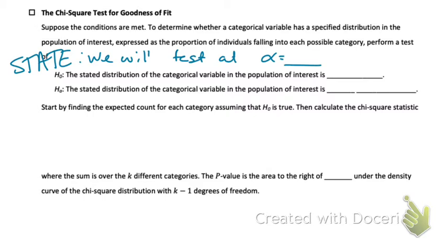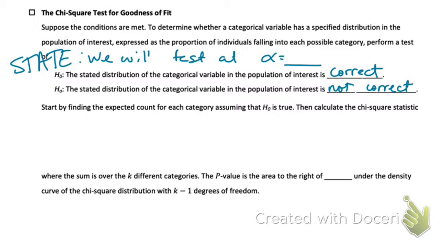So the null hypothesis would be that the stated distribution of the categorical variable in the population of interest is correct. That's all very fancy words to basically say that whatever they say it's supposed to be is what it is. And then the alternative is that it is not correct, that there's something wrong with it, that what they're saying it should be is actually not what it ends up being.